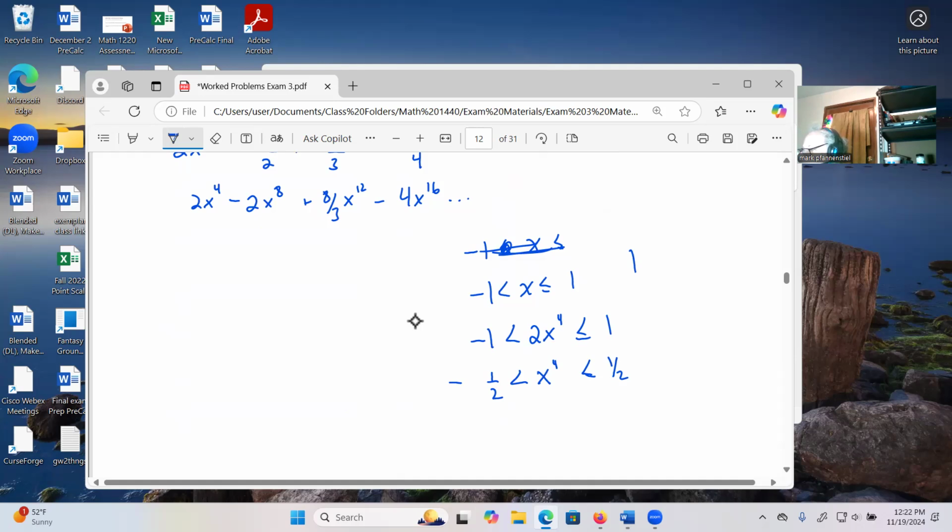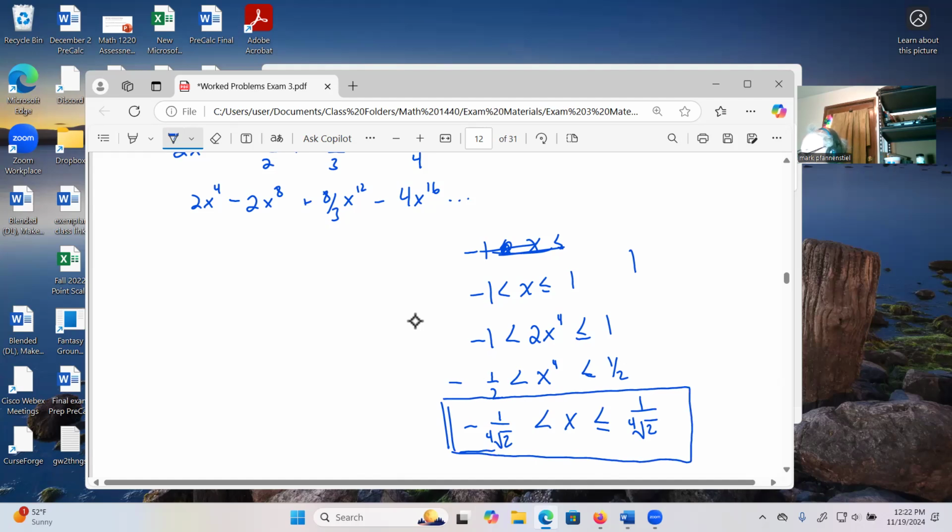And then we're just going to take the fourth root. So it's going to be 1 over the fourth root of 2. I'm sure that's a delightful number. Negative 1 over the fourth root of 2 less than x less than 1 over the fourth root of 2. That would be my radius of convergence for this. As long as x is between these two numbers, then this thing will work for whatever else we want to deal with.